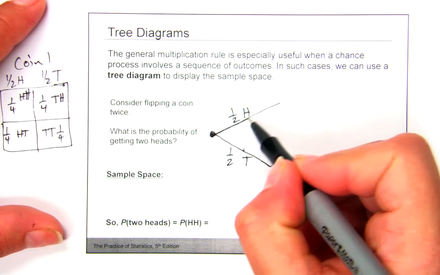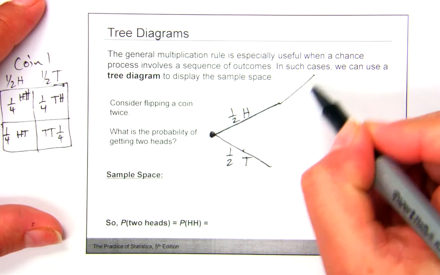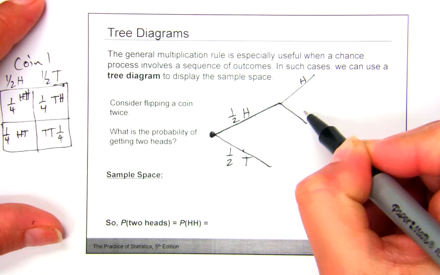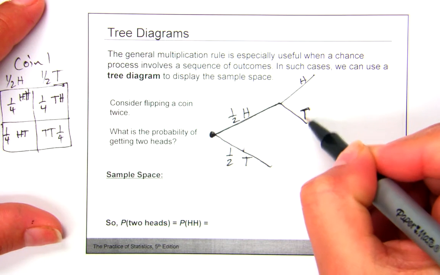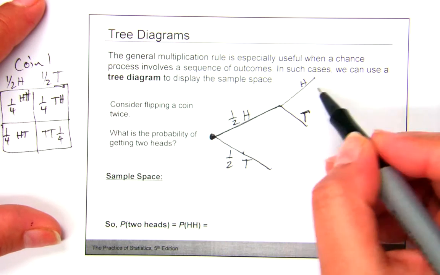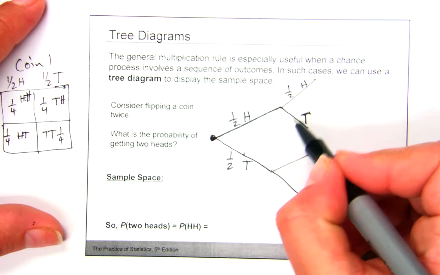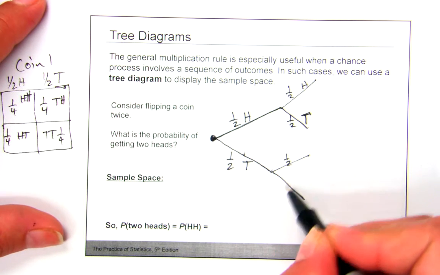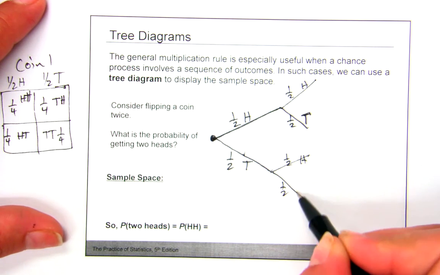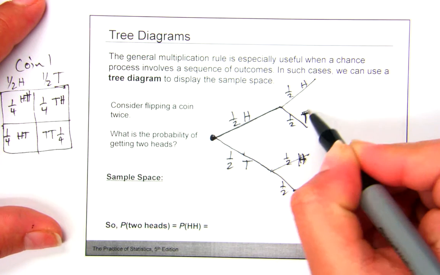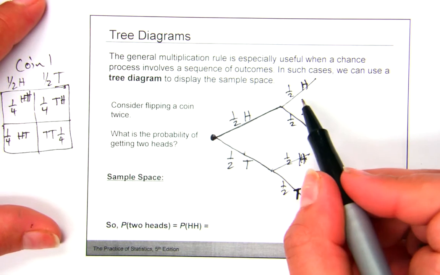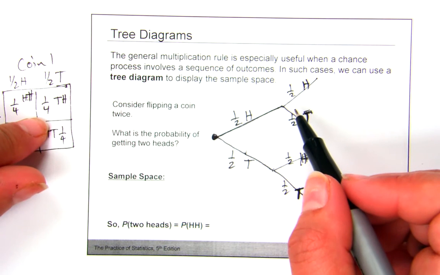Well, on the first try, if you flip heads, you still have heads and tails available on your second flip. So this is flip number 1. This is flip number 2, right? So you have 1/2, 1/2, 1/2, 1/2 for heads or tails. And the way that you get 1/4, 1/4, 1/4, 1/4 is kind of the same way I did it on the other one.